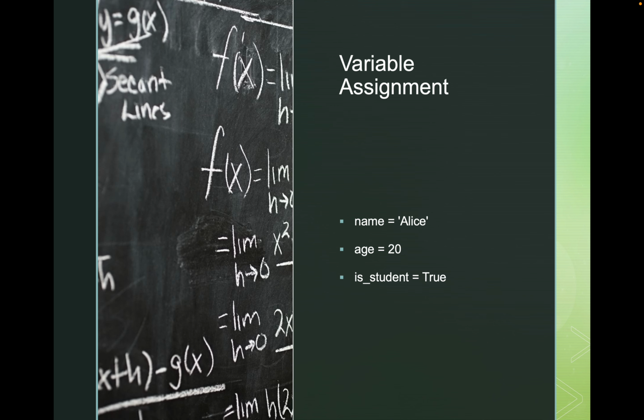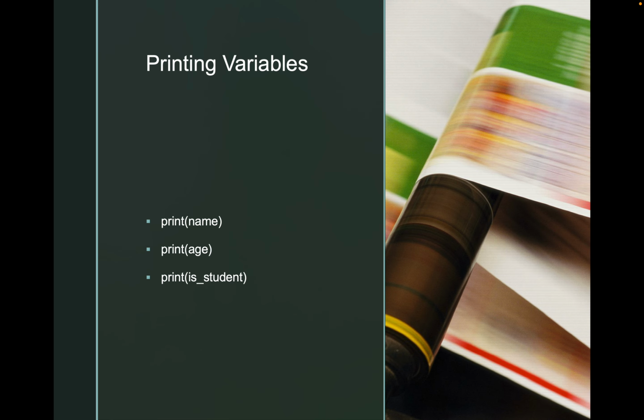Okay guys, all right, let's move on to our next slide. Printing variables is another interesting part of Python. Once you've stored a value in a variable, you'll probably want to see it.